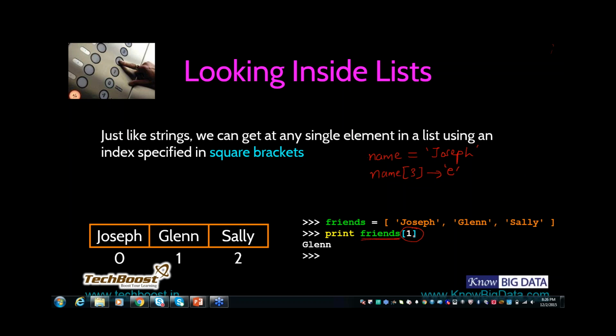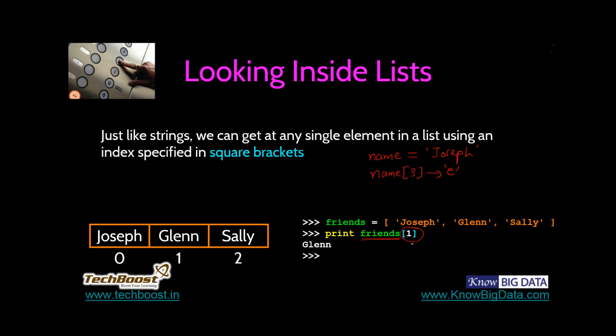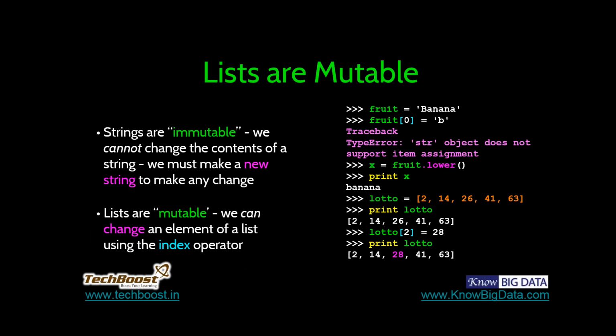Element number 1 is nothing but the element at index number 1, not the first element. The first element has got index number 0. So it gives us Glenn. Alright, let's proceed. As we discussed, lists are mutable. When we say lists are mutable, they can be changed.